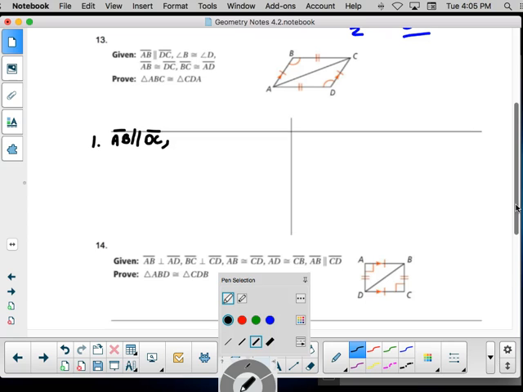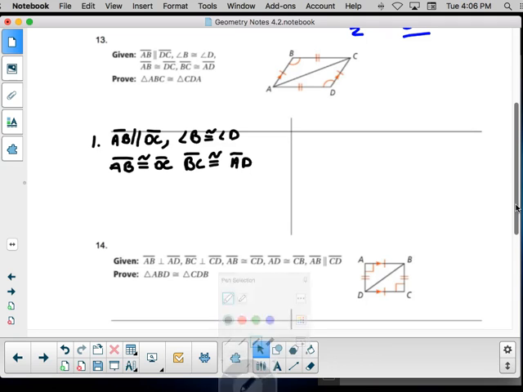And I know that angle B is congruent to angle D. I also know that segment AB is congruent to segment DC, and segment BC is congruent to segment AD.